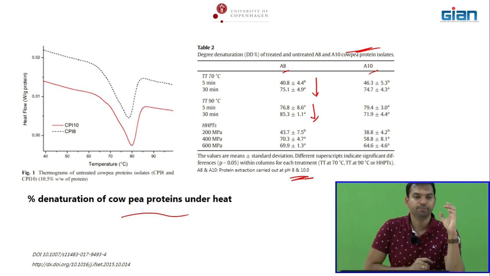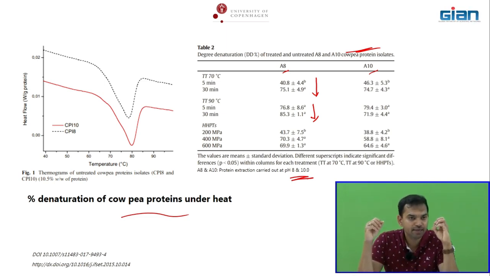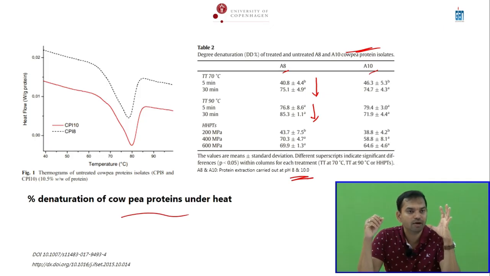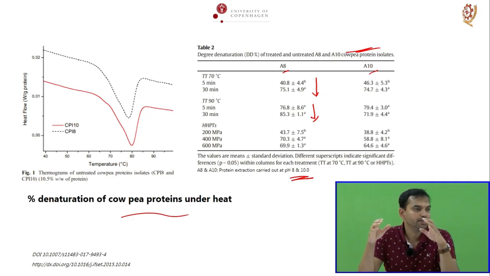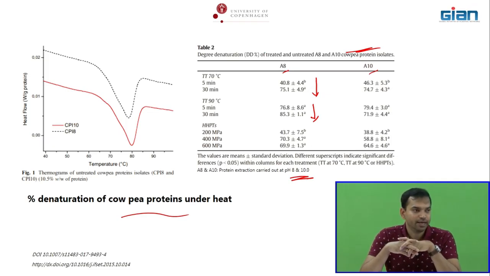Yes, these are two different pHs. So now you can clearly see that by heating, you can partially unfold the protein. When you partially or fully unfold the protein, it will allow for more chemical reactions. So heat is one of the methods to modify proteins. Easy, simple, just a water bath or an oven is needed, and it's also very scalable.